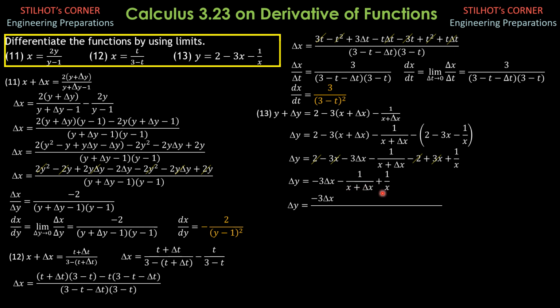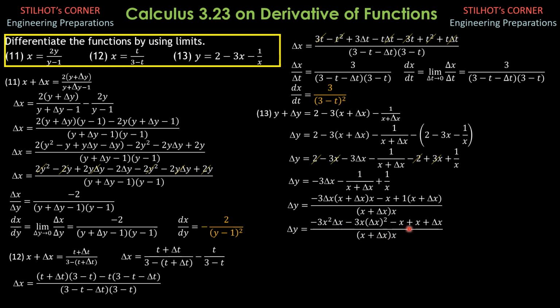So this is the LCD. Delta y equals negative 3x times x plus delta x times x minus x plus 1 times quantity x plus delta x over LCD x plus delta x times x. Expand. So delta y equals negative 3x squared delta x minus 3x delta x squared minus x minus x plus delta x over LCD x plus delta x times x.